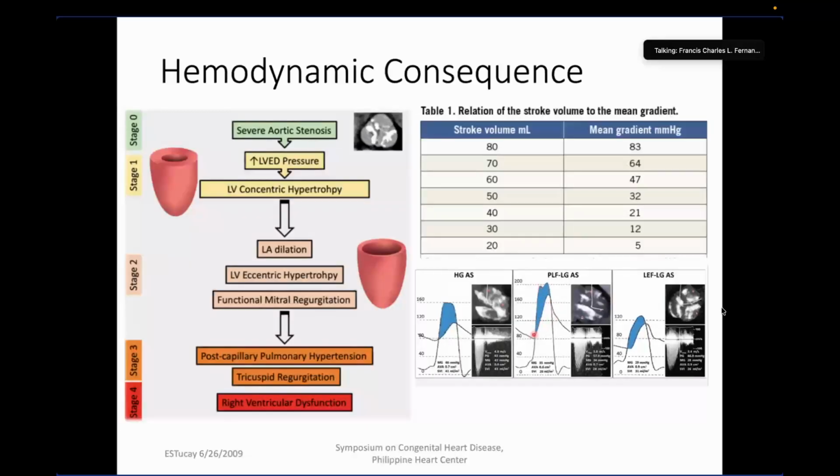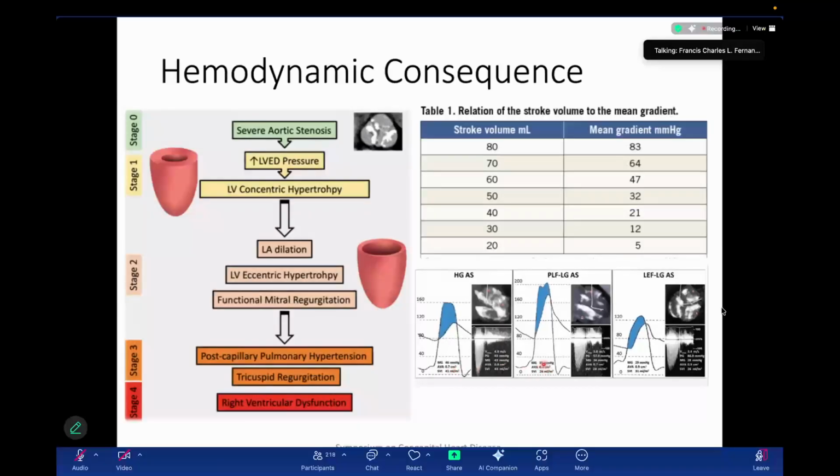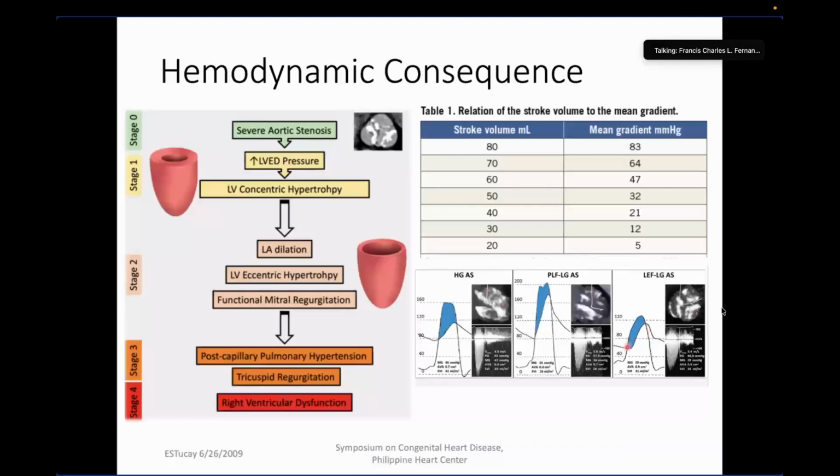So you still have the valve area. You can see that the mean gradient is 46 here. This one drops to 35. Valve area is 0.7 here, 0.6. So you're able to compute still the valve area. So it's severe, 0.6, but the mean gradient drops. This one is what they call the low flow, low gradient. So it's already curved.